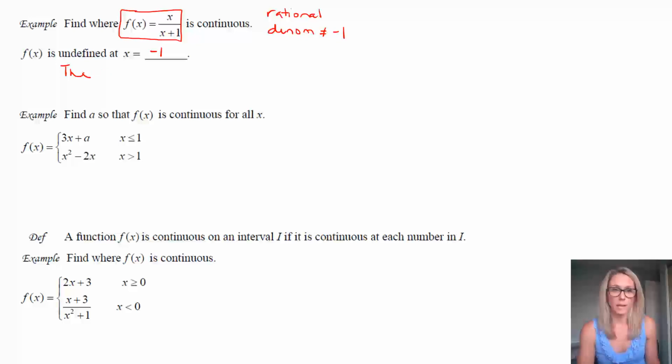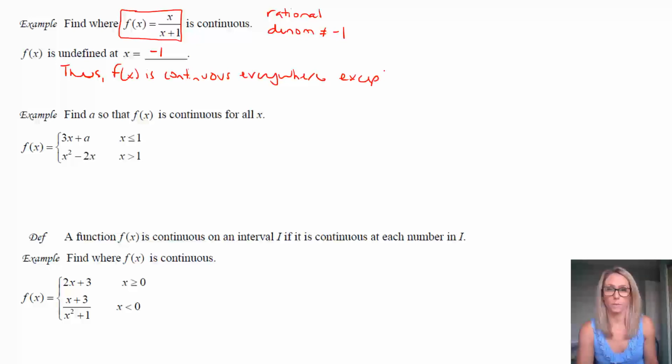So now we can say, thus, f of x is continuous everywhere except x equals -1. Now, there's a couple different ways you could write this.